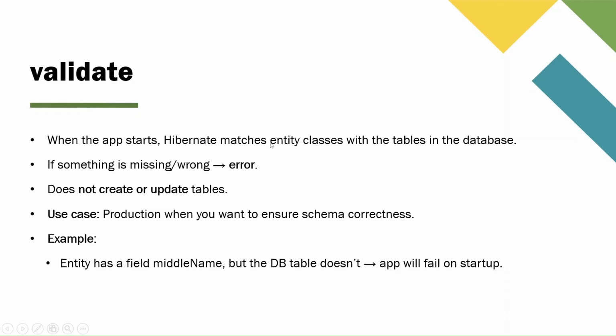Now we have changed our entity, I mean, we have introduced a middle name column, and that column was not available in our table. That is why our application failed to start. This clarifies the second line: if something is missing or wrong, in our case the middle name column was missing in the database table, it throws an exception.